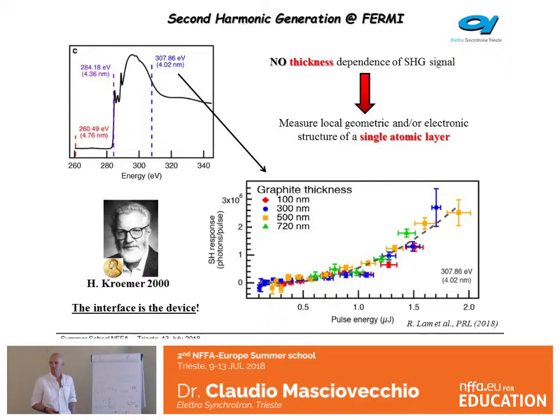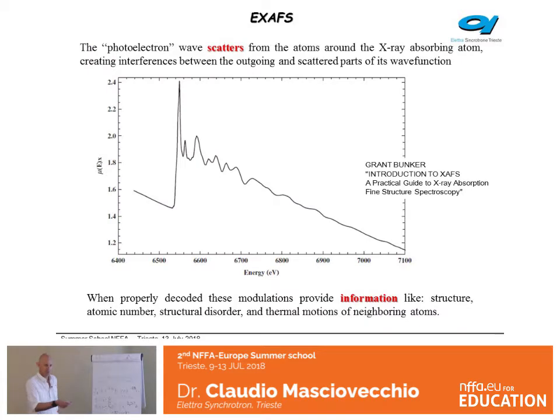So if you can characterize the interface, it means that you can understand how your device is working. Okay, this is just to tell you that by measuring XAS or absorption spectra, you get the information, and this is well known, but just to remind you that you can do absorption measurement to measure the structure, electronic structure and real structure of your system, because the photoelectron will interact with the atoms surrounding it.